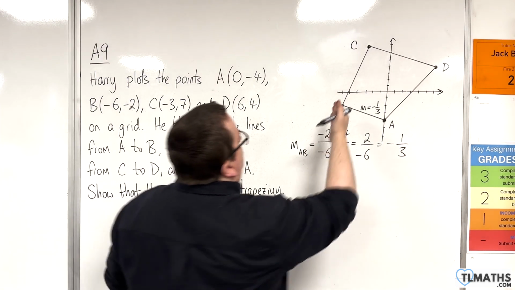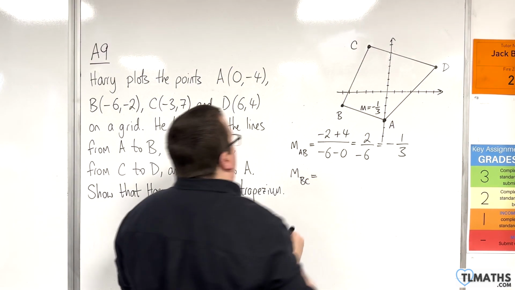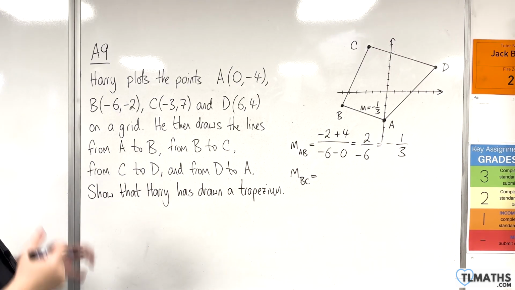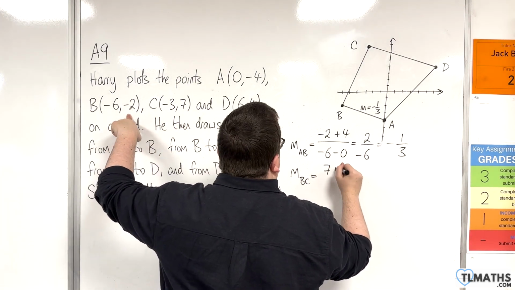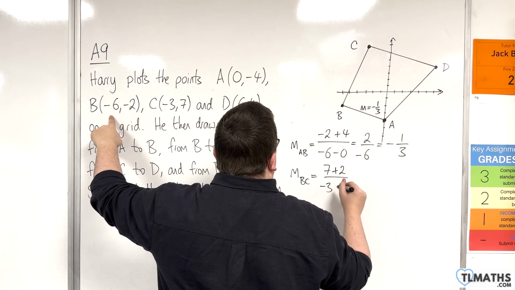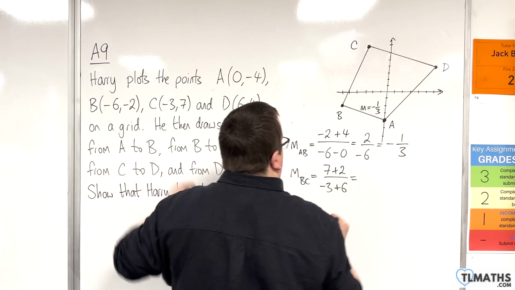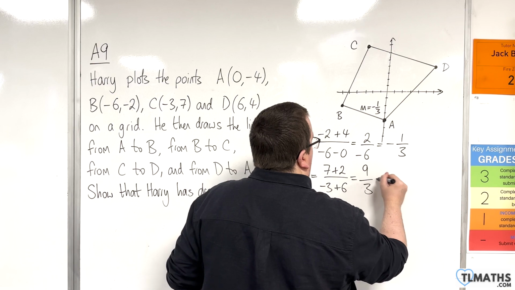Right, now let's find the gradient of BC. The gradient of BC is 7 take away -2, so +9, over -3 take away -6, so +3. So we've got 9 over 3, which is 3.